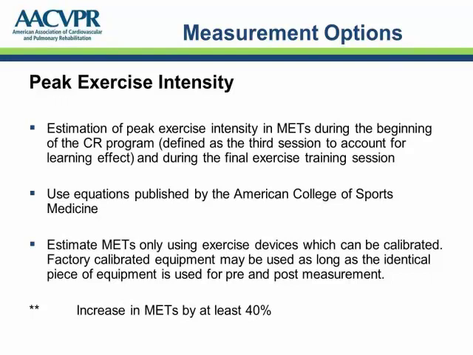Consider that this can be most accurately calculated for MET level, probably followed by the cycloergometer. However, keep in mind that the same type of equipment must be used for pre and post measurement. To meet the performance measure using this measurement technique, an increase of 40% in submaximal MET level would be measured and reported.